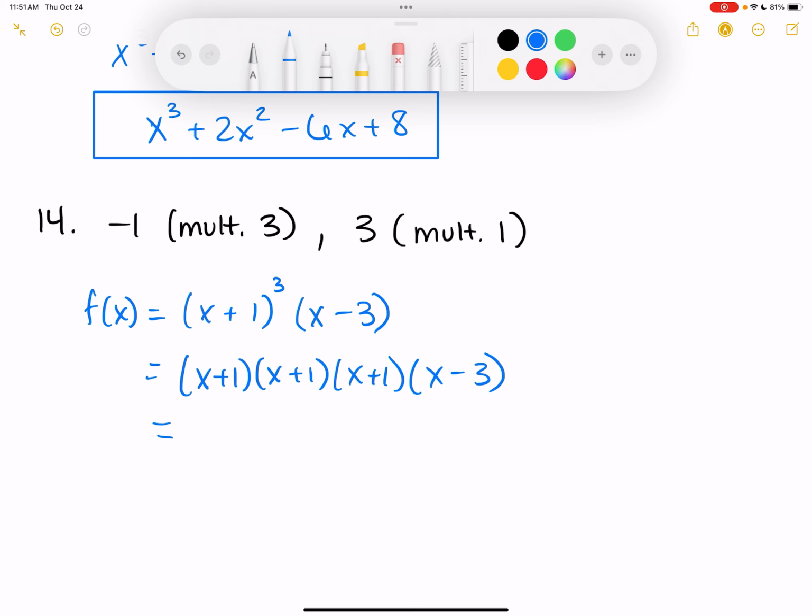X squared plus 2x plus 1. It's a perfect square trinomial. And then I would go ahead and multiply these so that you can save some time for yourself. So what do I get when I multiply these together?